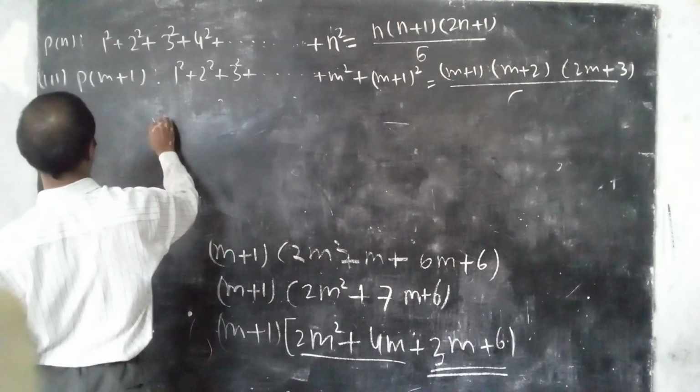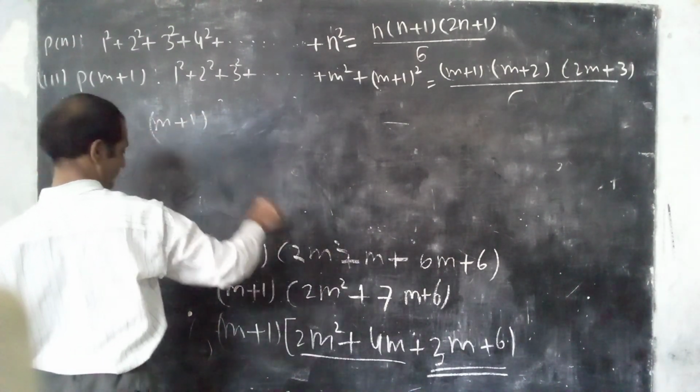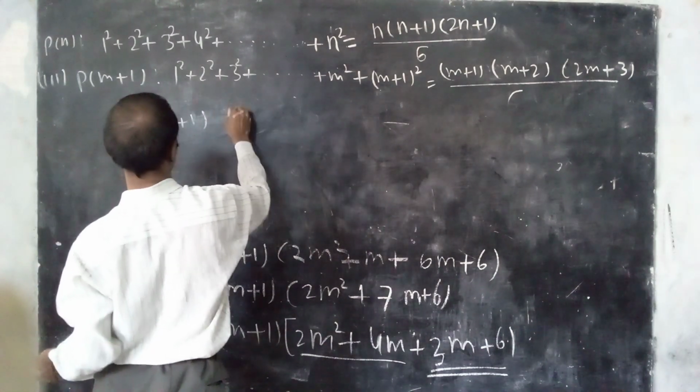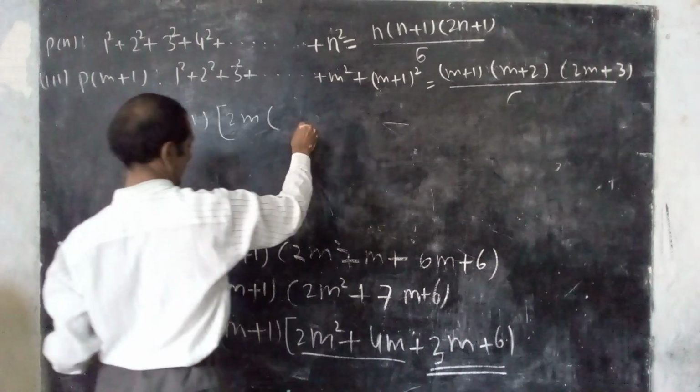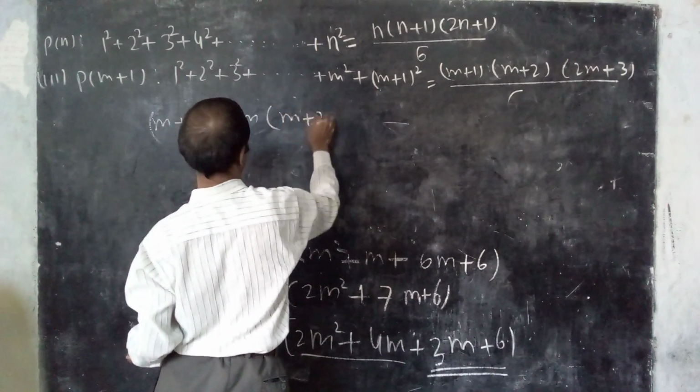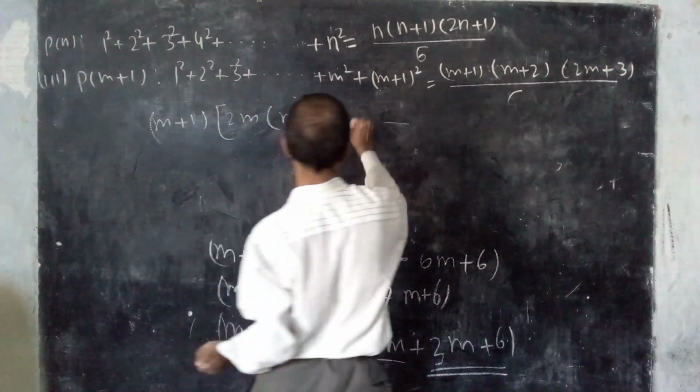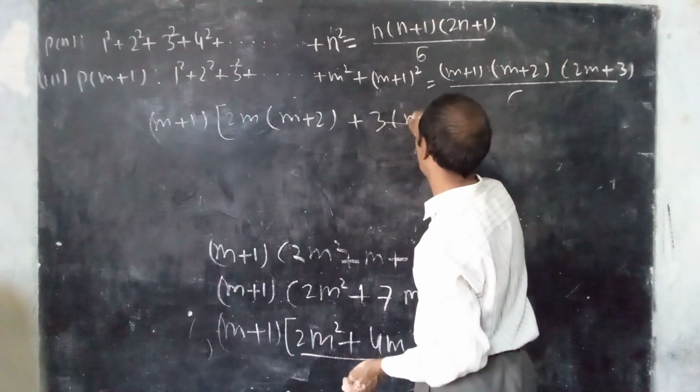So you get m plus 1, then take 2m common: you get m plus 2. Take 3 common: m plus 2.